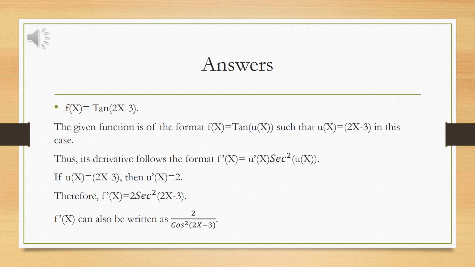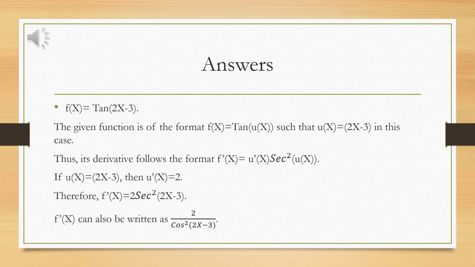f(x) = tan(2x - 3). The given function is of the format f(x) = tan u(x), such that u(x) is 2x - 3.